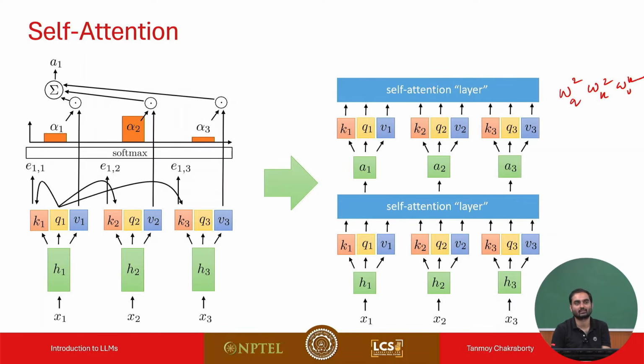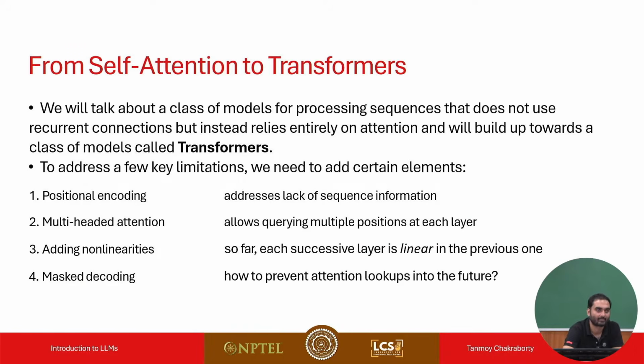These matrices are not shared across layers. Matrices are shared across tokens, but not across layers, right? So as you have access to larger and larger datasets, you keep on stacking the self-attention layers one by one. Okay, and you keep repeating this.